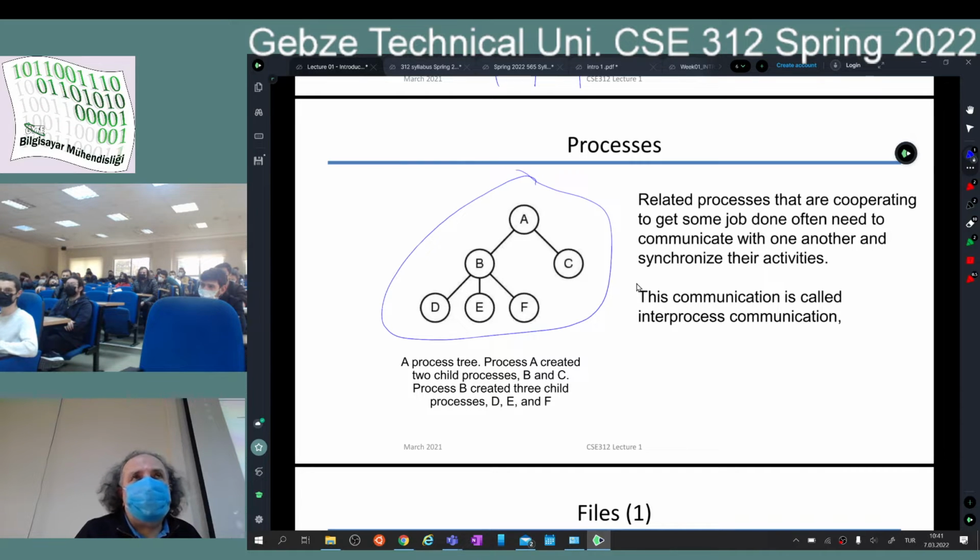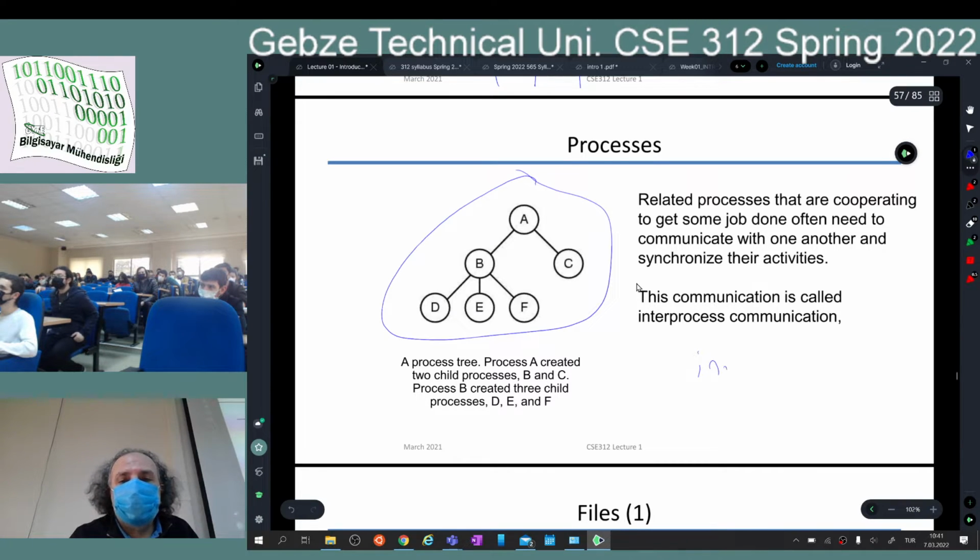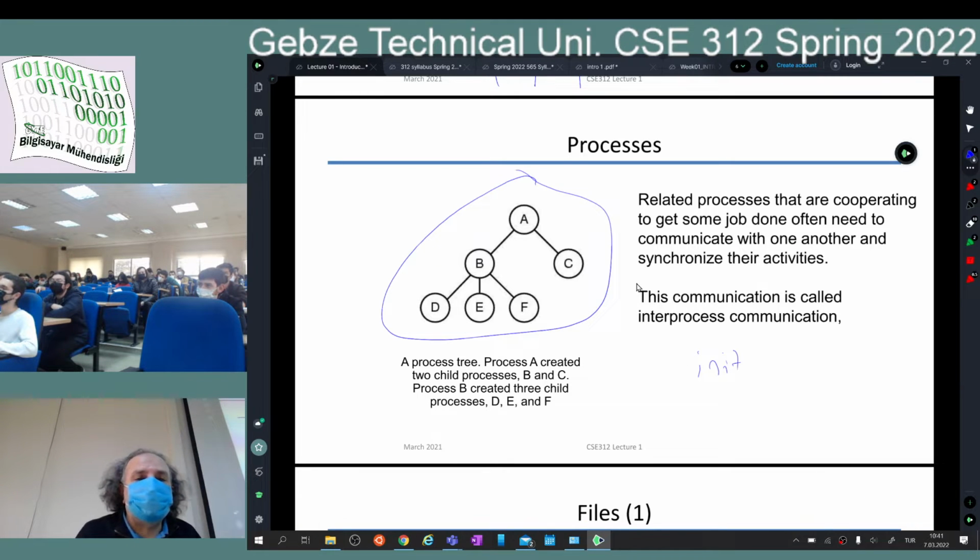Unix says that when the operating system starts, there is only one process, and it is called the initial process, the init process, and that process makes all the other processes. So this is the topmost parent process of all the processes.